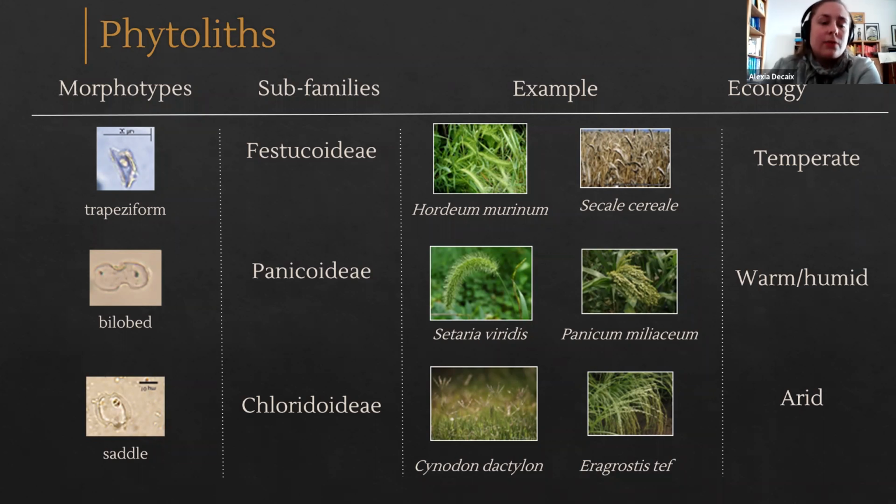The long cells, as we have seen previously, are the same for all subfamilies of Poaceae. But the short cells, as you have some examples here, make it possible to distinguish subfamilies. For example, the trapeziform, but also the conical or polylobed cells, are indicators of the Festucoideae subfamily. It's the subfamily of rye.